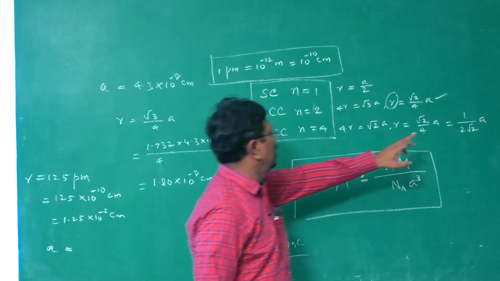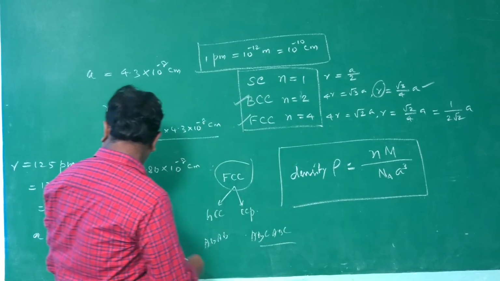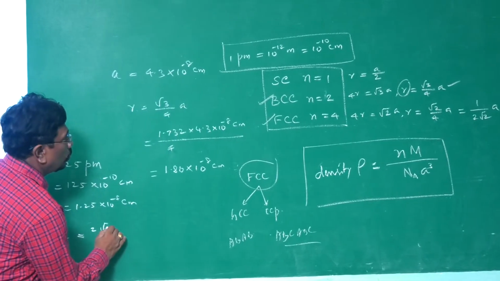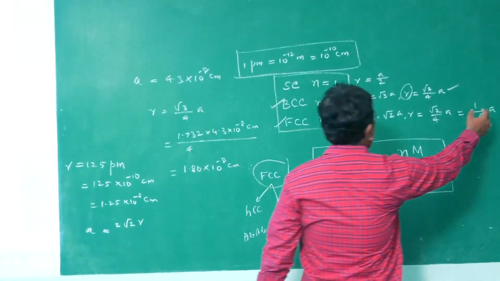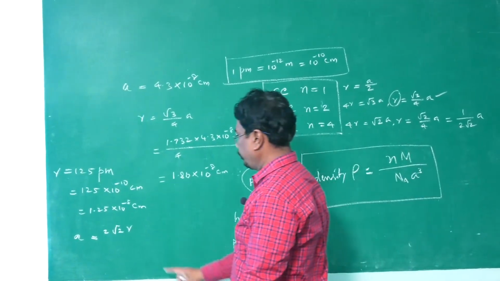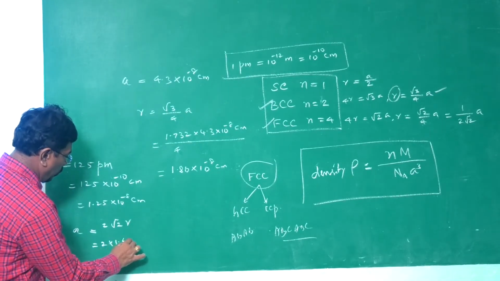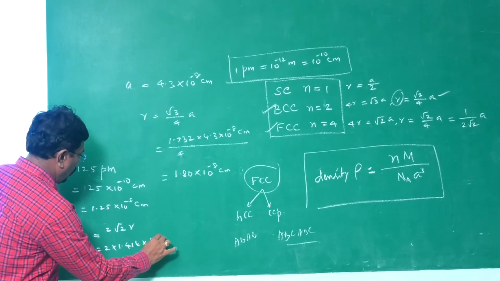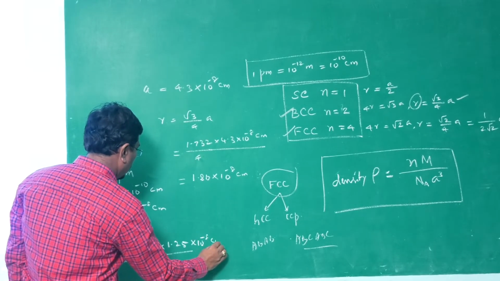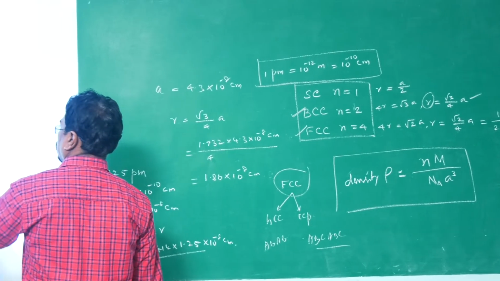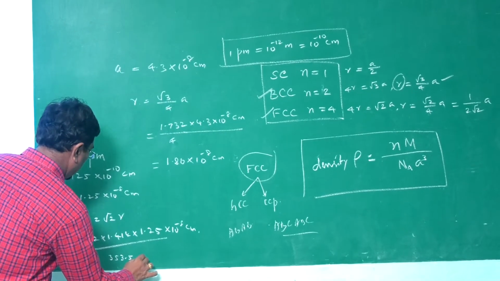A is equal to 2 root 2 R. So, if I substitute R, 2 into 1.414 into 1.25, into 10 power minus 8 centimeter. The answer may be given in centimeter, which comes to 353.5 into 10 power.